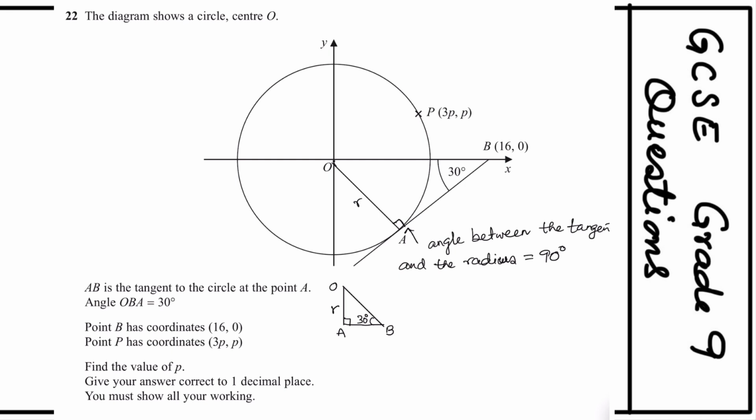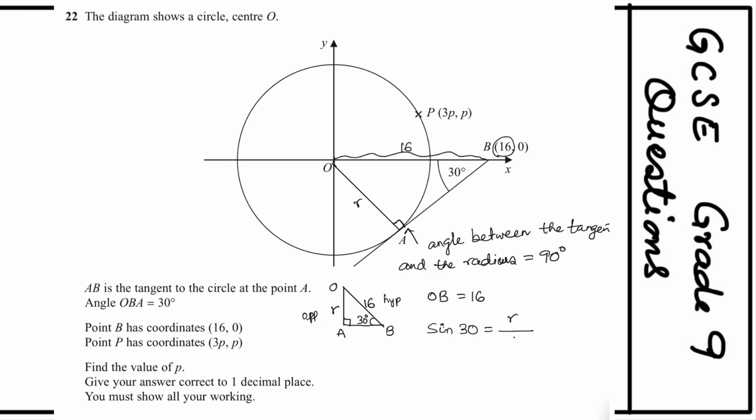So we need to work out the radius from this. This is a right angle triangle with an angle and a missing side. We can use trigonometry over here, the sine ratio, because OB is 16, because O is the center of the circle and B is another point on the x-axis, which is 16, 0.